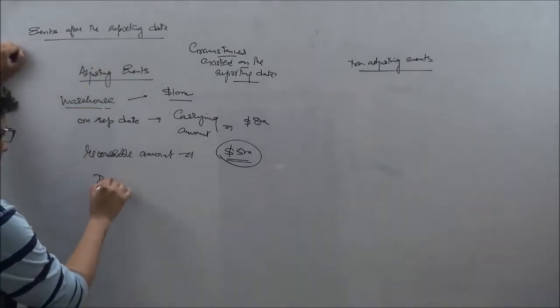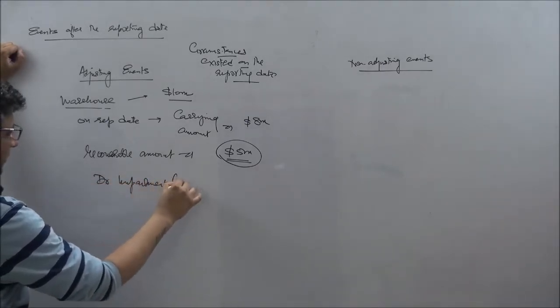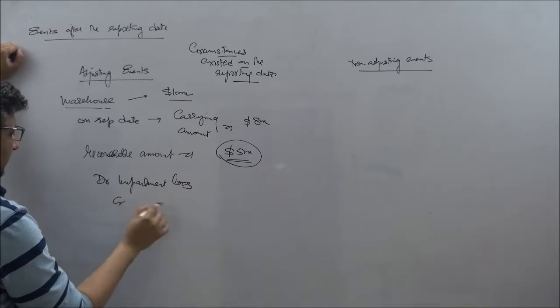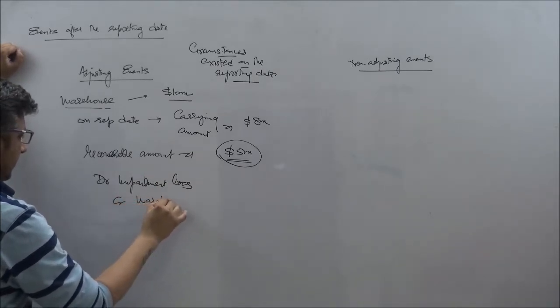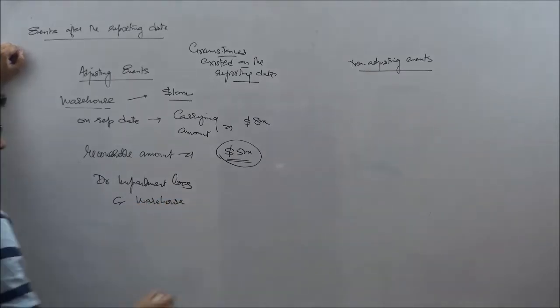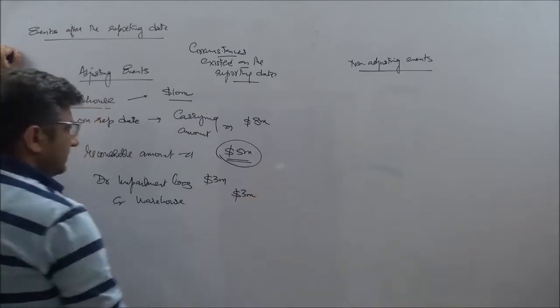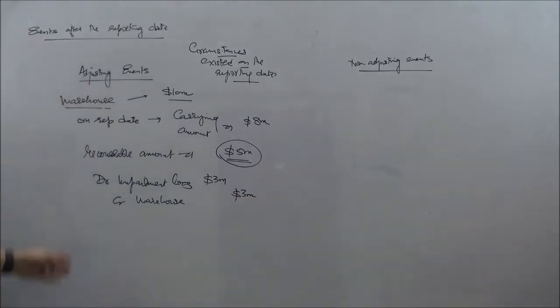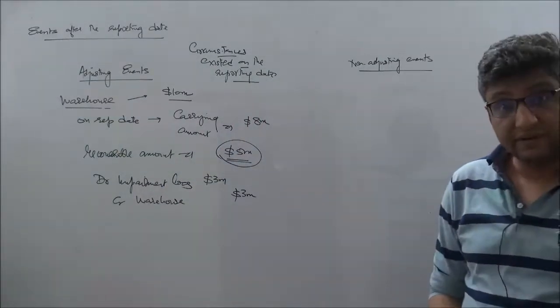I would simply say there is an impairment loss, and there is of course a reduction in the warehouse facility to the extent of $3 million. All right, so that is a typical example of an adjusting event, right?